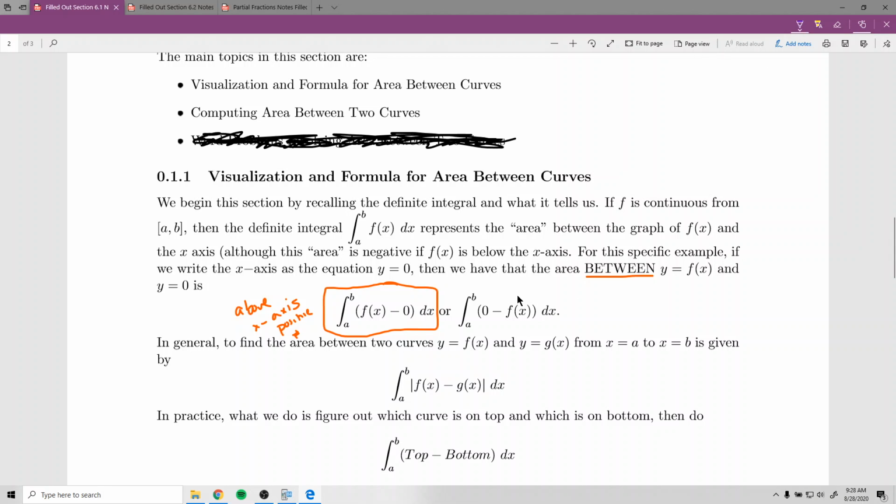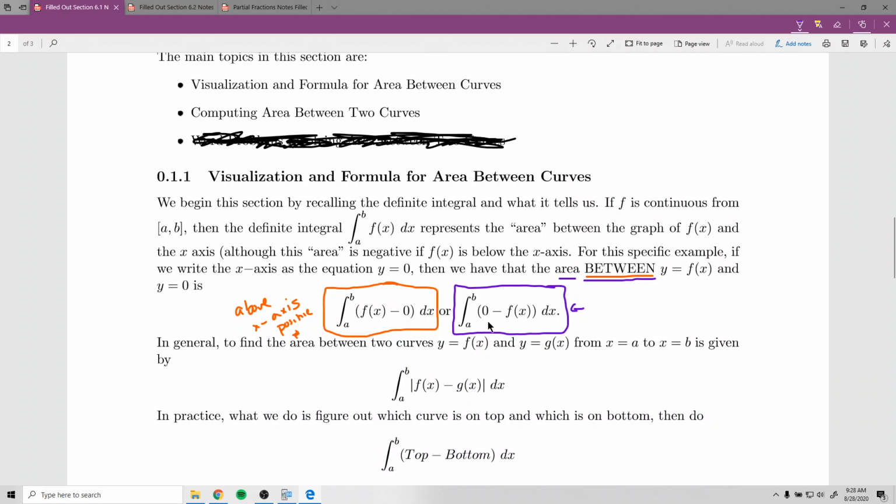Now, when f of x is below the x-axis, when we want the actual area between, we want the area to be positive. So that's the key difference between the words area and the words definite integral. The definite integral is like an area, but area still must be positive. So when our graph was below the x-axis, our definite integral was negative. To make it positive, what we would do is we would put a negative sign in front of it.